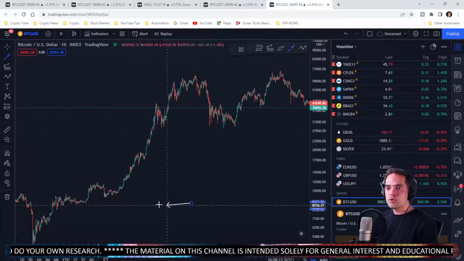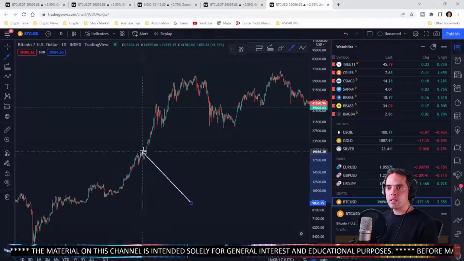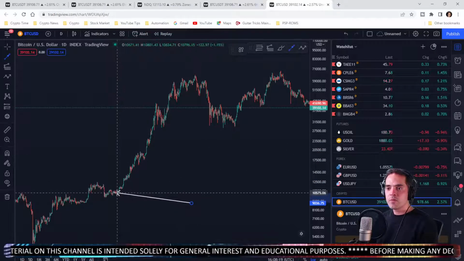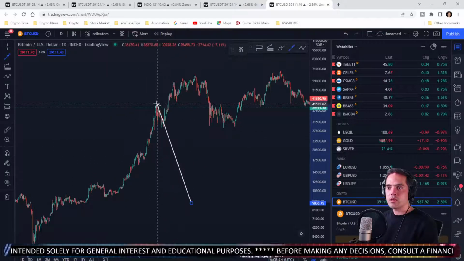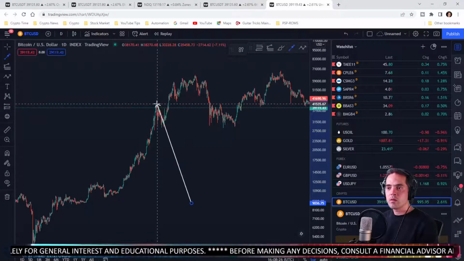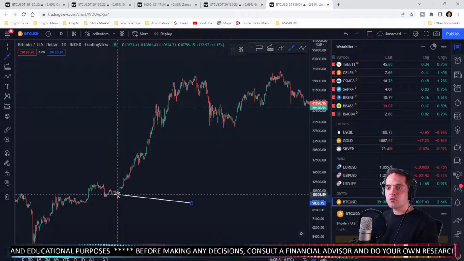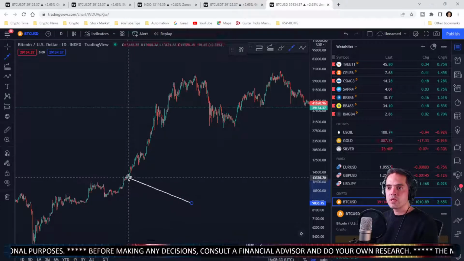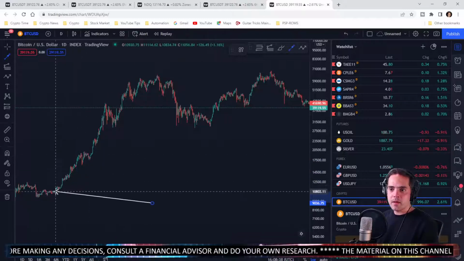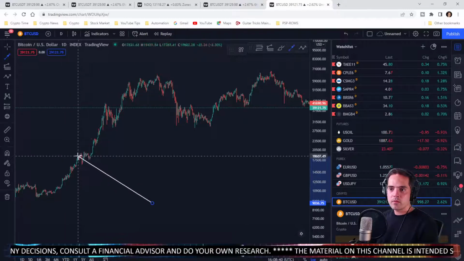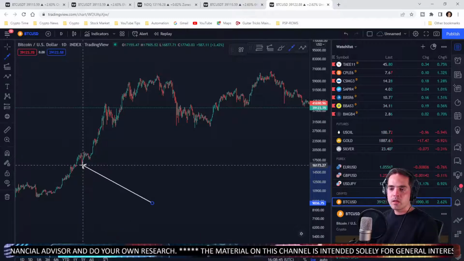Let's assume that we're gonna pick this first movement, and our first movement is from this point here, all the way to this top right here. Okay, that will be our first movement. Of course, if you want to consider the first movement as, let's say, this way here up to here, and then the dip right here, that's fine as well.